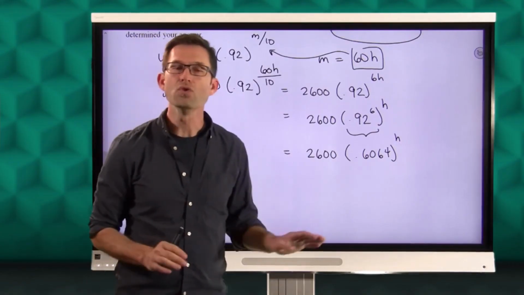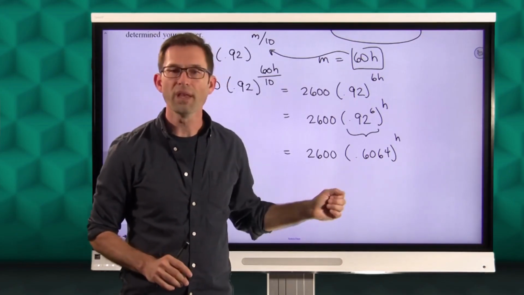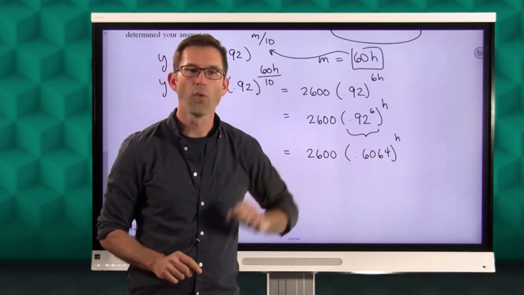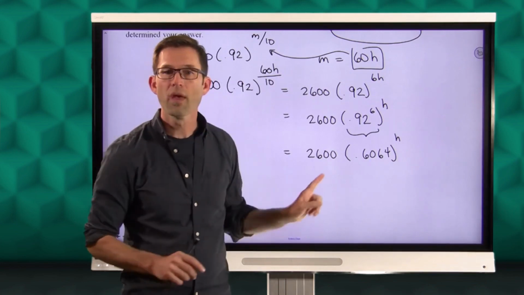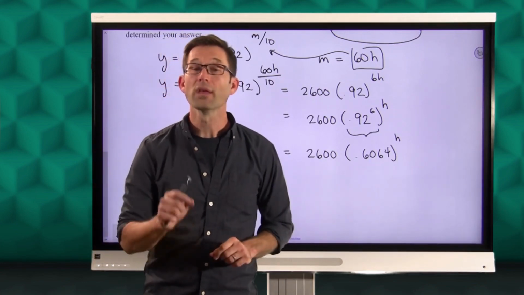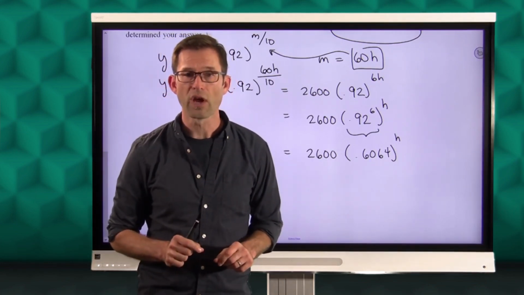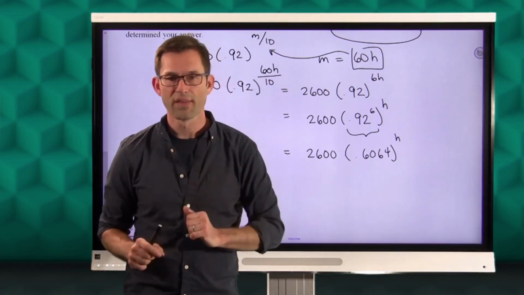Now, what's tricky is you don't want to look at this and say, oh, it's decreasing by 60.64% for every hour. The 60.64 is what remains after each hour, not the percent that it's decreasing.